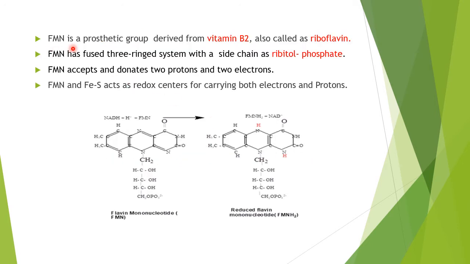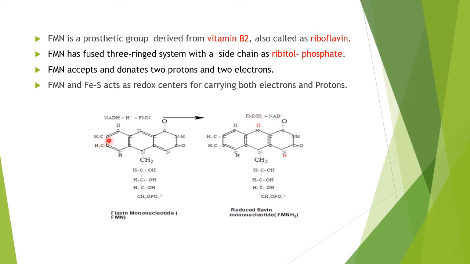First of all, FMN, flavin mononucleotide, is a prosthetic group which is derived from vitamin B2, also called riboflavin. FMN has 3 fused ring structures. If you see the structure, it is these 3 rings with a side chain, which is ribitol phosphate. FMN accepts and donates 2 protons and 2 electrons. So whenever there is FMN with NADH plus H positive, it will give us the reduced form FMNH2 and also NAD.